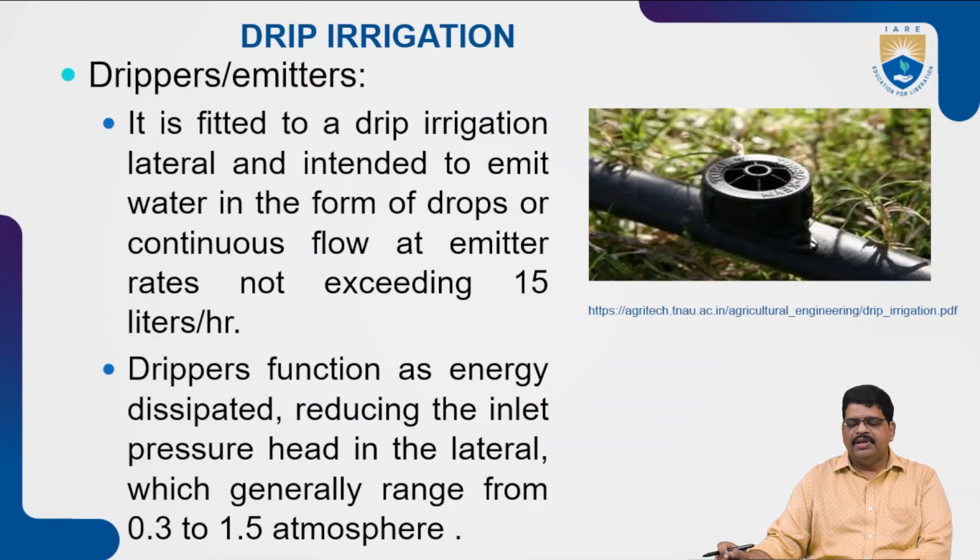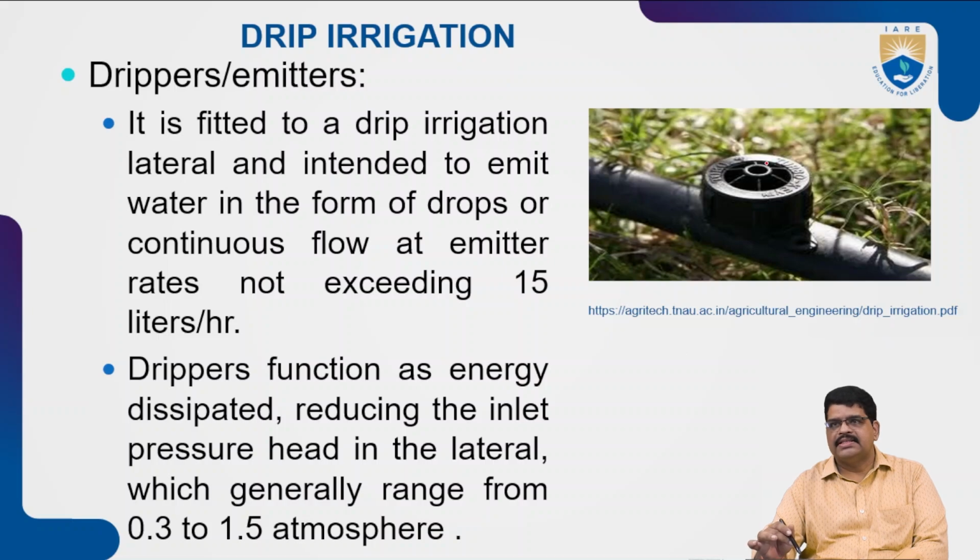Next, drippers or emitters, which we also call nozzles, because the water droplets come out from here. The nozzle is fitted to the sub pipeline connections, and from this pipeline the water droplets come out through a small diameter.